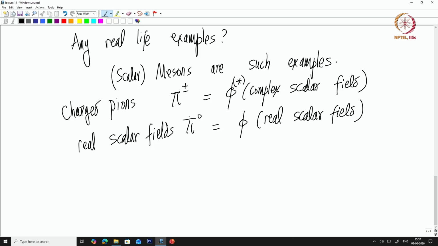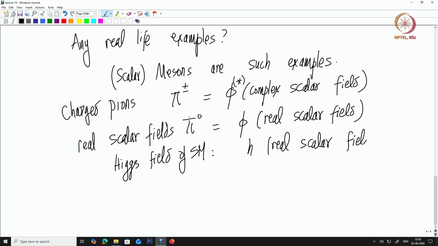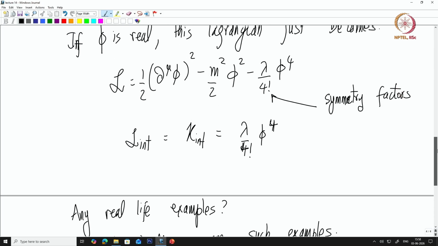The other example in real life of a real scalar field with very similar kind of interactions is the Higgs field of the standard model. It has exactly the same kind of self interactions like this essentially.